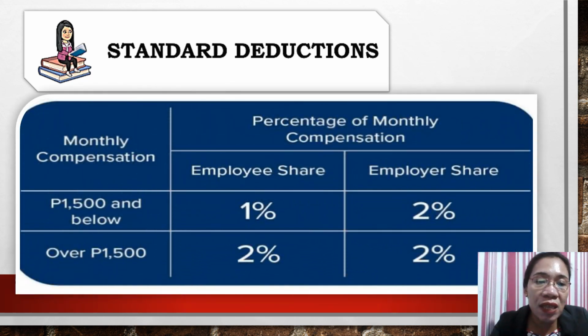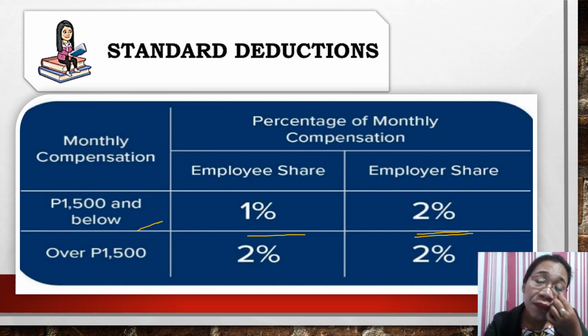Yung monthly compensation mo is 1,500 and below, yung babayaran mo monthly is 1%, ikaw. At yung employer mo, mayroon siyang share na 2%. So, pag yung monthly compensation mo is 1,500, babayad ka ng 1% as your employee share sa Pag-IBIG, pero yung amo mo, magbabayad ng 2%.